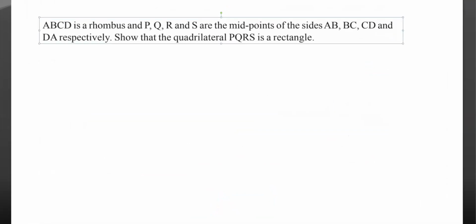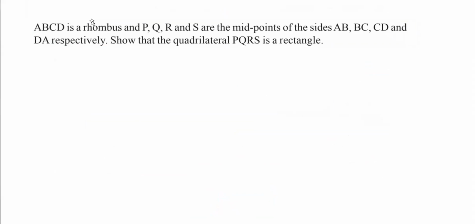Okay, so let's start. What is being given to you? ABCD is a rhombus and P, Q, R, S are the midpoints of sides AB, BC, CD, and AD respectively. So first draw ABCD as a rhombus.